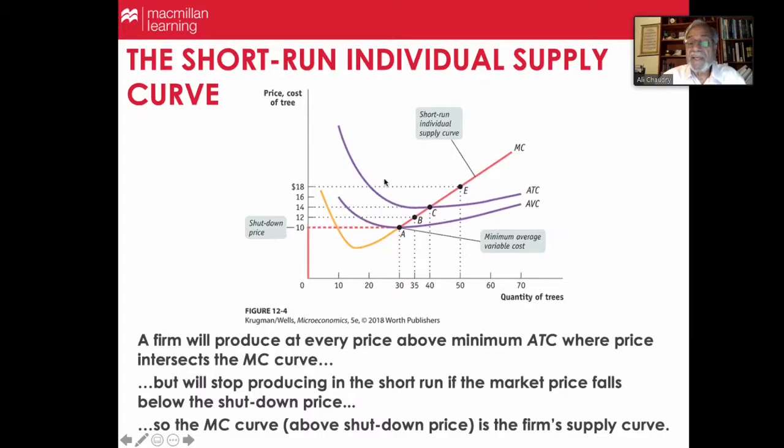And obviously it is below the average total cost at every point. Why is that? Why is the AVC curve below the average total cost curve at every point? What does this gap mean?